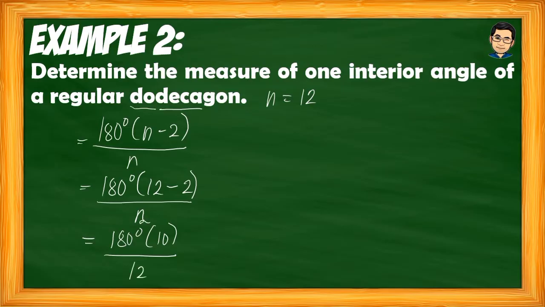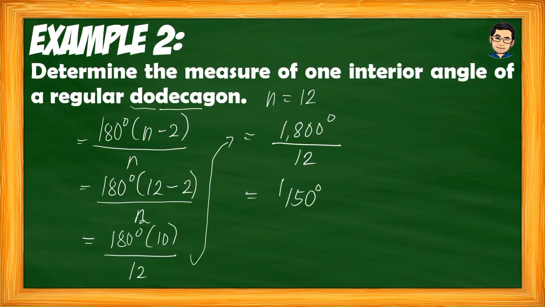Okay. Next, we will multiply 180 degrees by 10. So 180 degrees by 10, that is 1,800 degrees. Divided by 12, so 1,800 divided by 12, that is 150 degrees.